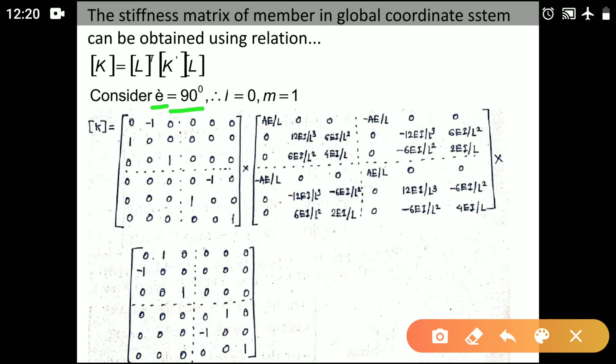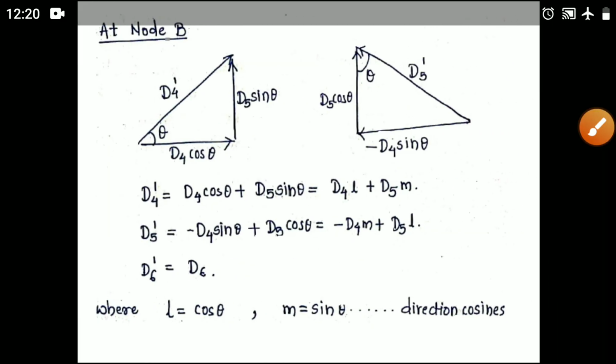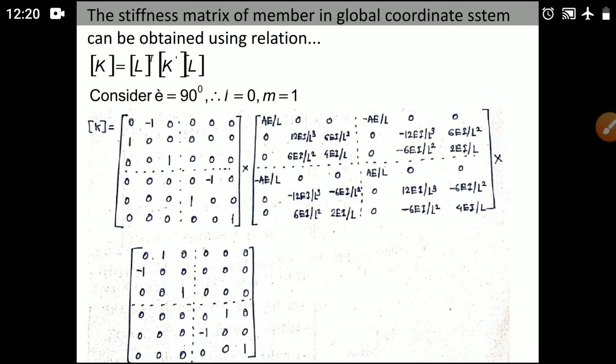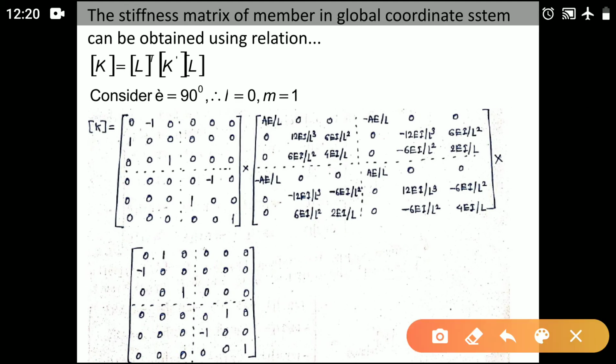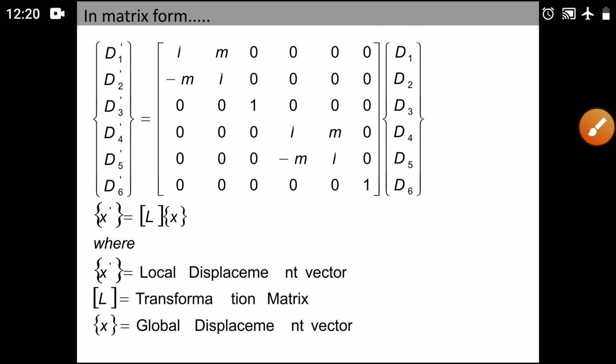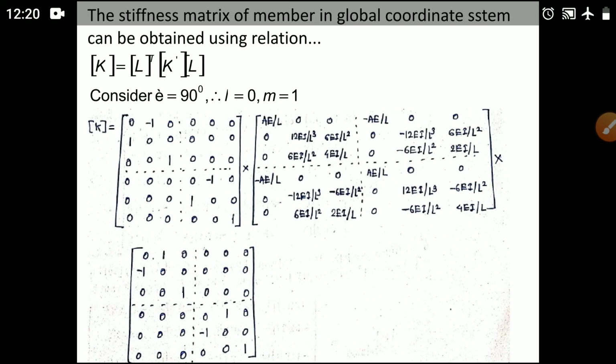If you put 90 degrees in sin theta and cos theta, where L is cos theta and M is sin theta, we get cos 90 degrees equal to 0, and sin 90 degrees equal to 1. So L is equal to 0, M is equal to 1, putting 90 degrees in sin theta and cos theta.